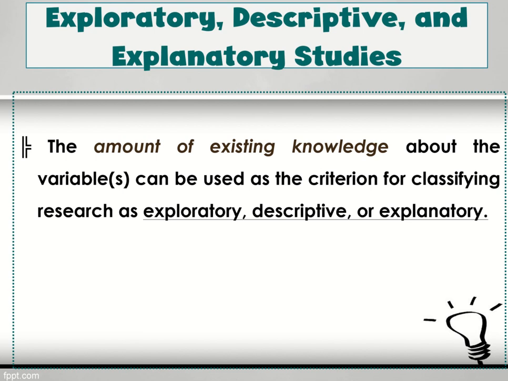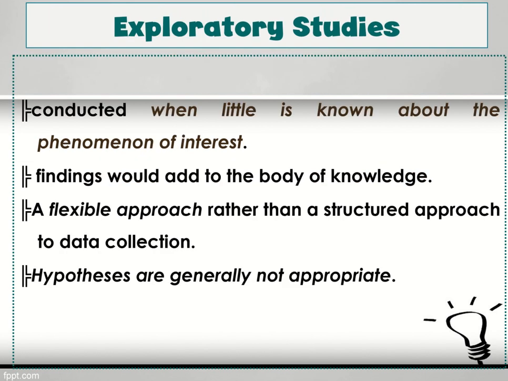Although there can be an overlap between exploratory and descriptive studies, it is helpful to examine them separately. So in short, research can be classified as any of these three depending on the amount of existing knowledge about the variables. First, exploratory studies.